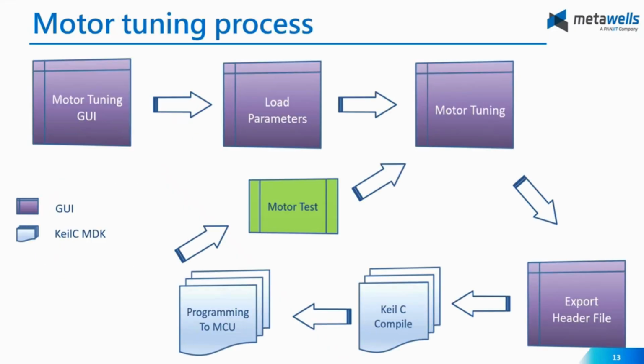Okay, this is the motor tuning process. Let's walk through the motor tuning process in the correct sequence as shown in this flow chart to optimize motor performance. So first we have to open the motor tuning GUI.